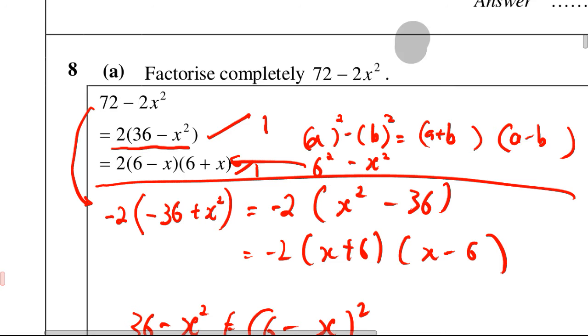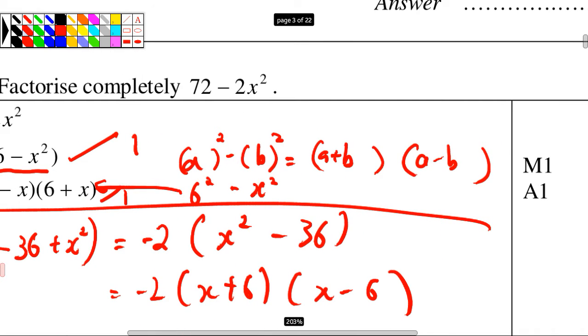If you have this, do you take out negative? Yes. Why? Because there are 2 negatives. Aaron, what did I say? You asked the question, why do I take out negative? I'm trying to answer you. So what did I say?